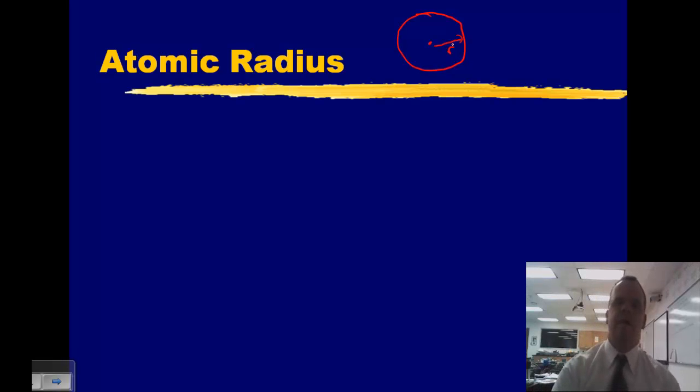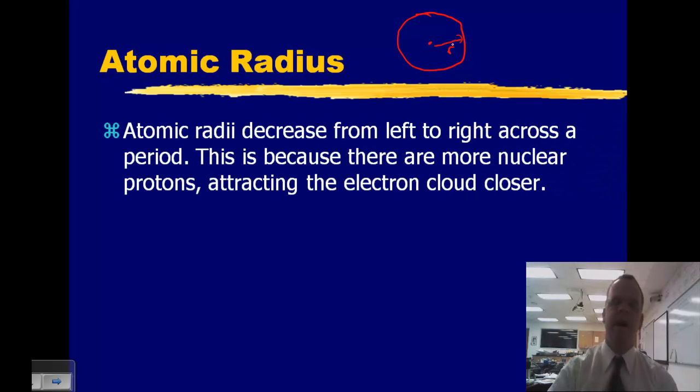The atomic radius follows a general trend. This trend actually goes against what you would think would happen based on your preconceived notions about the number of protons and electrons. What we find is that atomic radius actually decreases from left to right across a period.